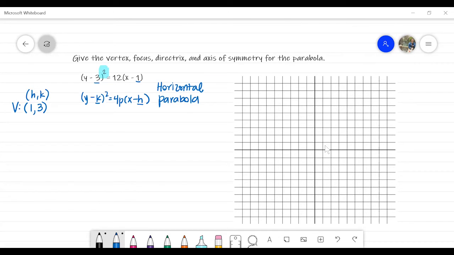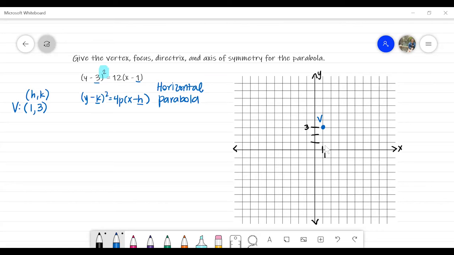So because of this squaring up here. Okay, so let's label. We've got y, we've got x, arrow, arrow, and we're going to go to the point (1, 3). So there's 3 and there's 1. And so our vertex is going to be this point right here, okay?